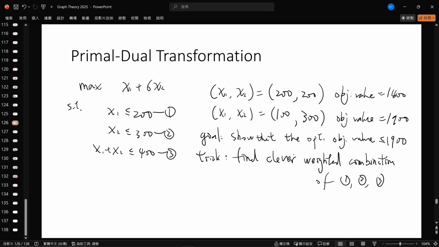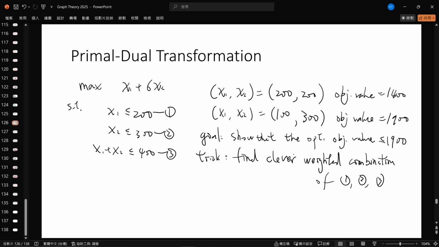The property of linear programs is that the objective function and the constraints are all linear with respect to the variables. Here the objective function is just x1 plus 6x2, a linear combination of the variables.